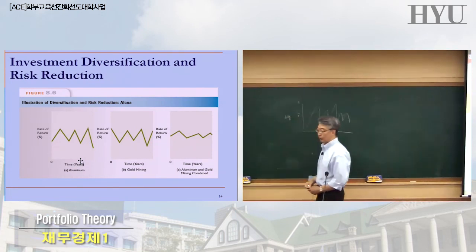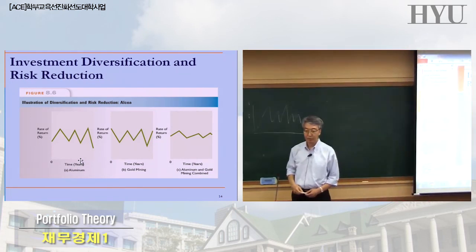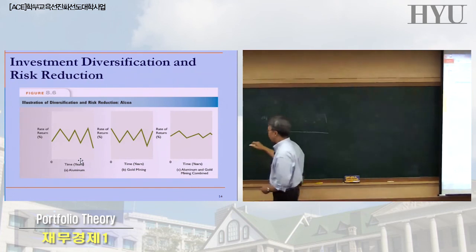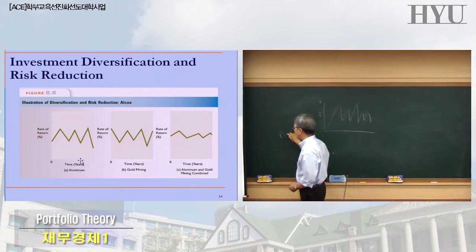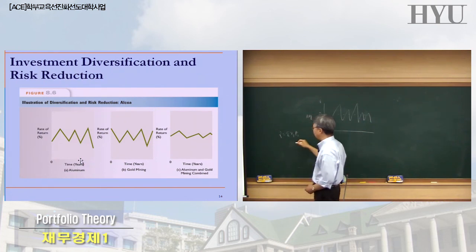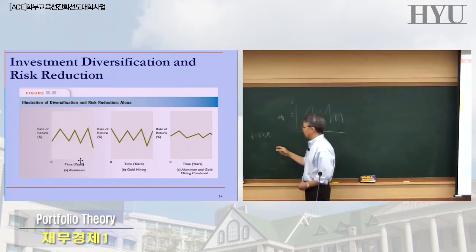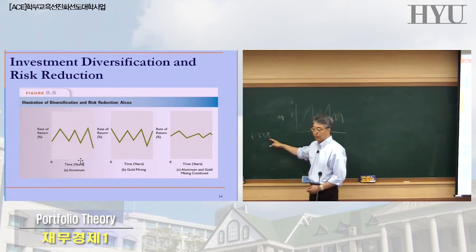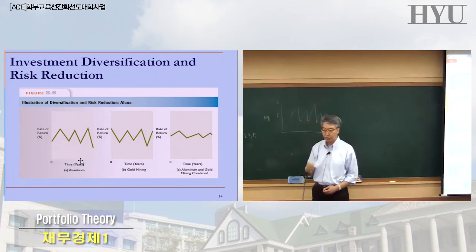Last class we talked about considering the probability. Expected return is the summation of R_j P_j, if you remember. For different situations, whether it could be a recession or normal time or boom, we can think about a probability for each situation.